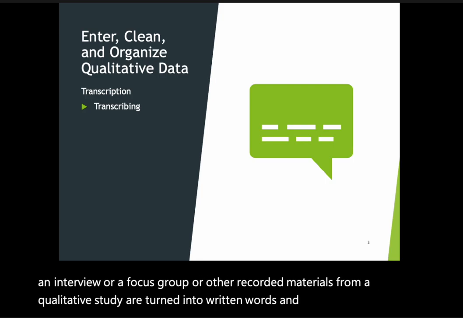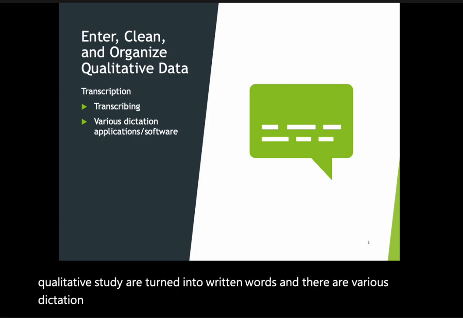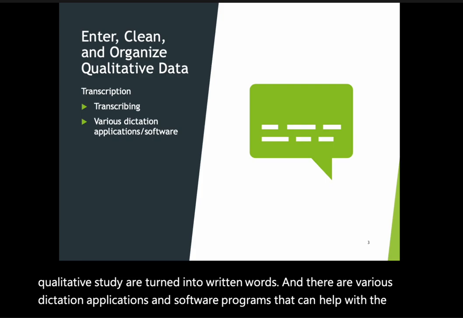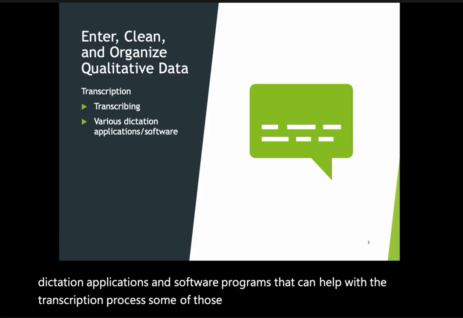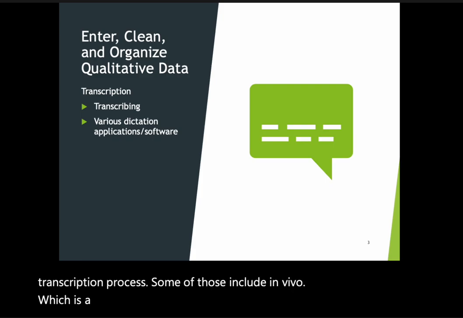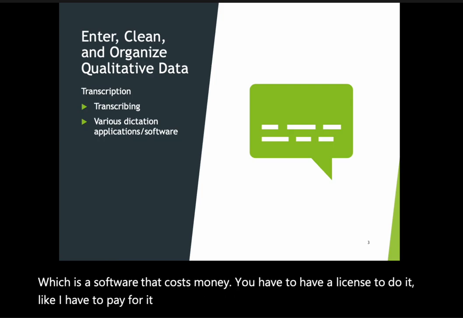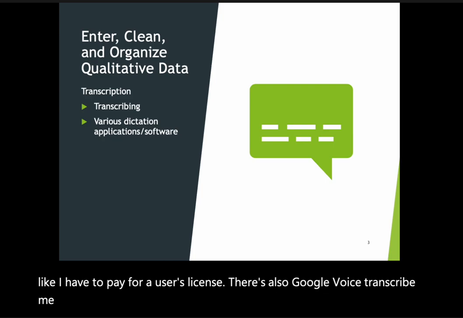There are various dictation applications and software programs that can help with the transcription process. Some of those include In Vivo, which is software that costs money. You have to pay for a user's license. There's also Google Voice, Transcribe Me, and even things like Microsoft Teams can have a transcription service.